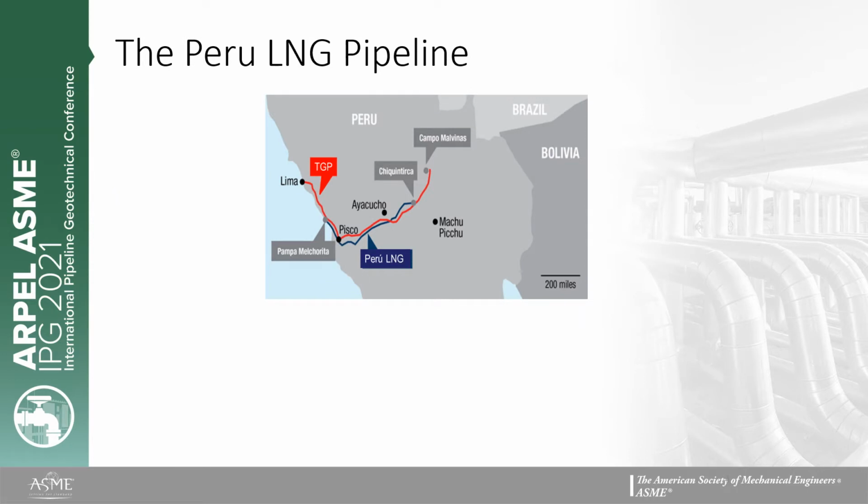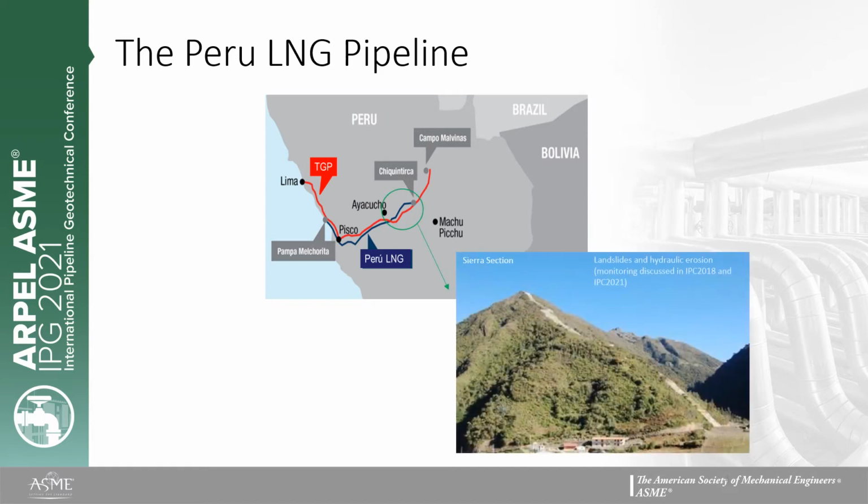So that pipeline is exposed to several types of threats, in particular in the first section, which is called the Sierra region. The pipeline is mainly exposed to landslides and also to erosion, so hydraulic erosion.